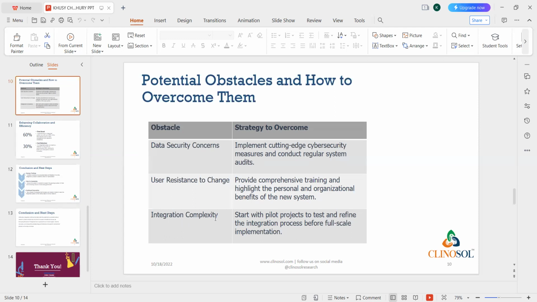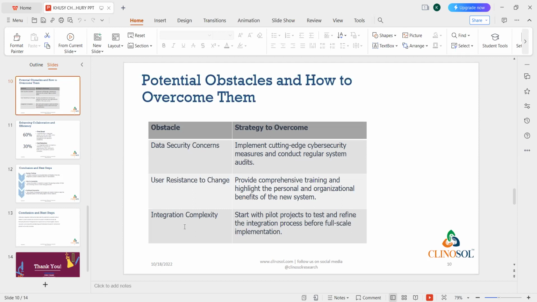Integration complexity. Integration complexity in clinical trials refers to the challenges associated with integrating diverse data sources, systems, and processes to facilitate seamless data exchange, analysis, and decision making.